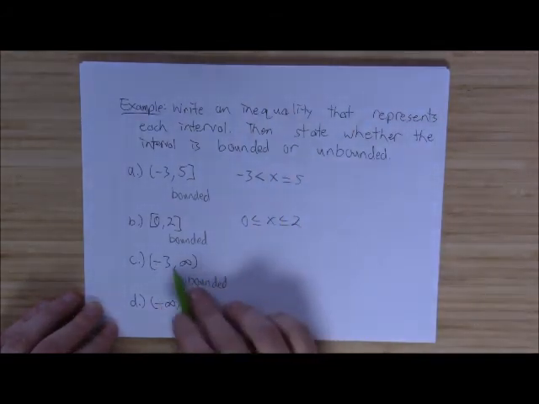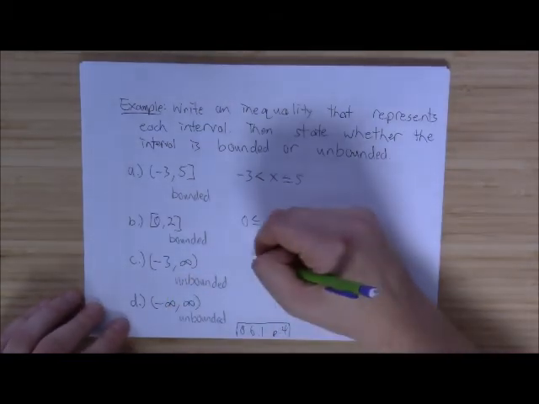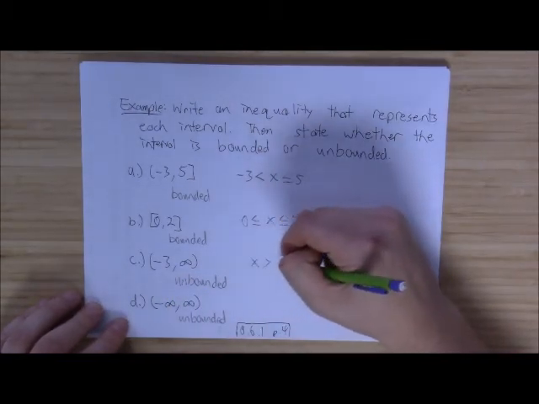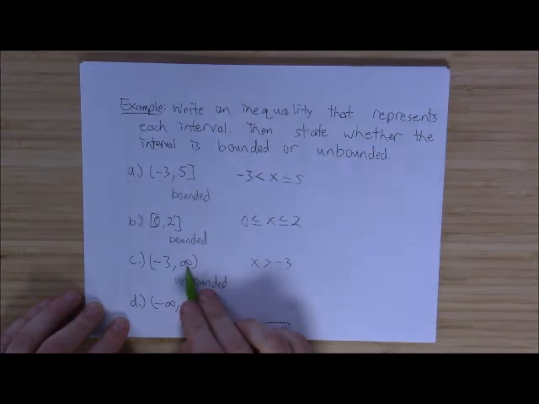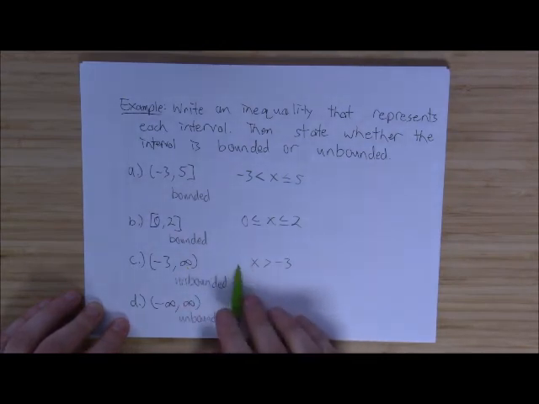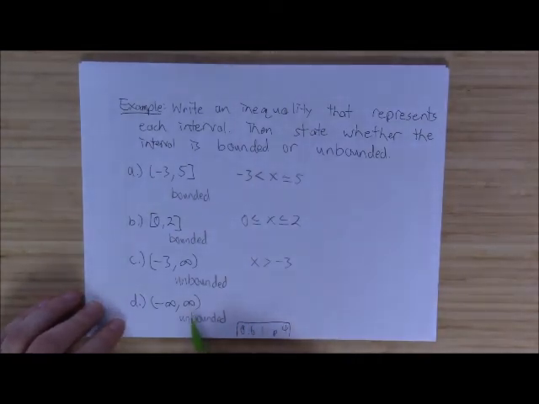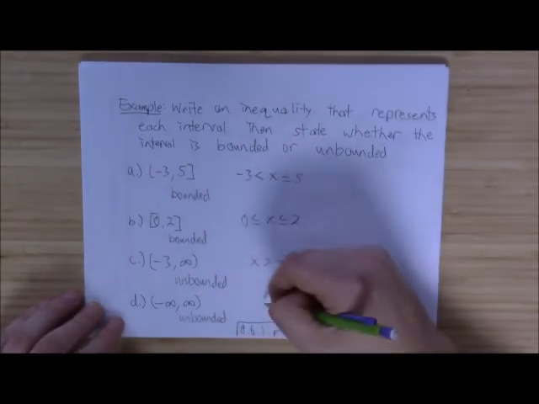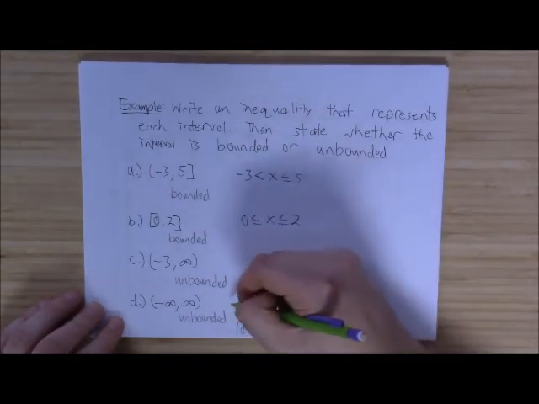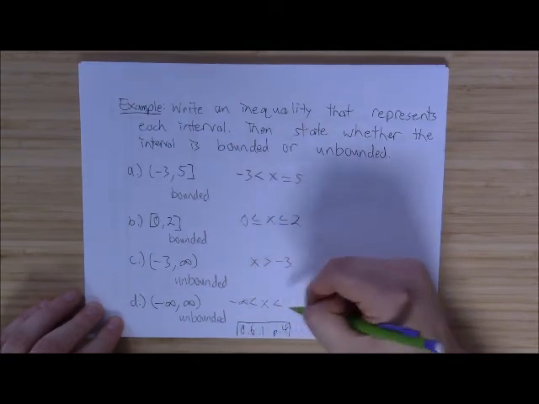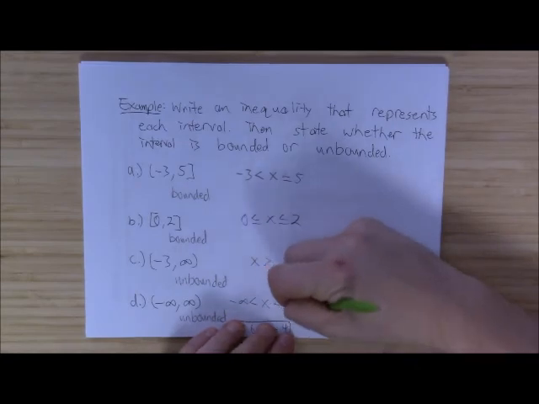And here, we know that x is greater than -3, but that's all we know, because going off to infinity means there's no other bound on it. Here, we could say x is any real number, as we did on the last page, but another way to think about this, which is kind of a dumb way to write it, is to say x is between -infinity and positive infinity.